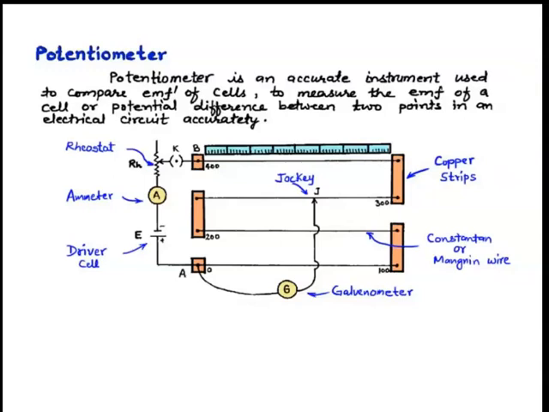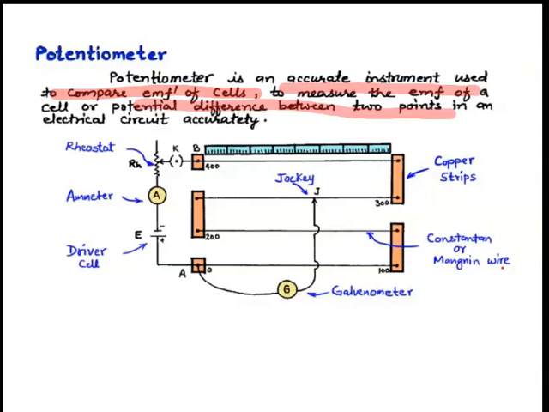So potentiometer is an accurate instrument used to compare the EMFs of cells, to measure the EMF of a cell, or to measure the potential difference between 2 points in an electric circuit accurately.